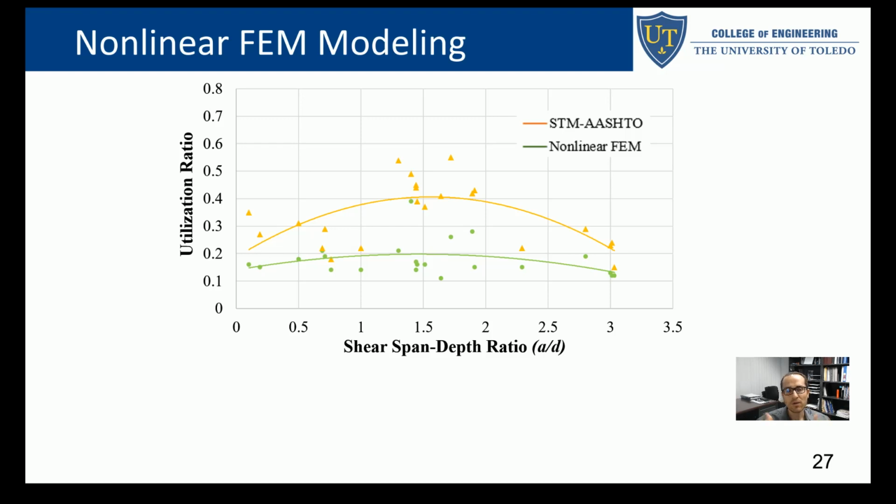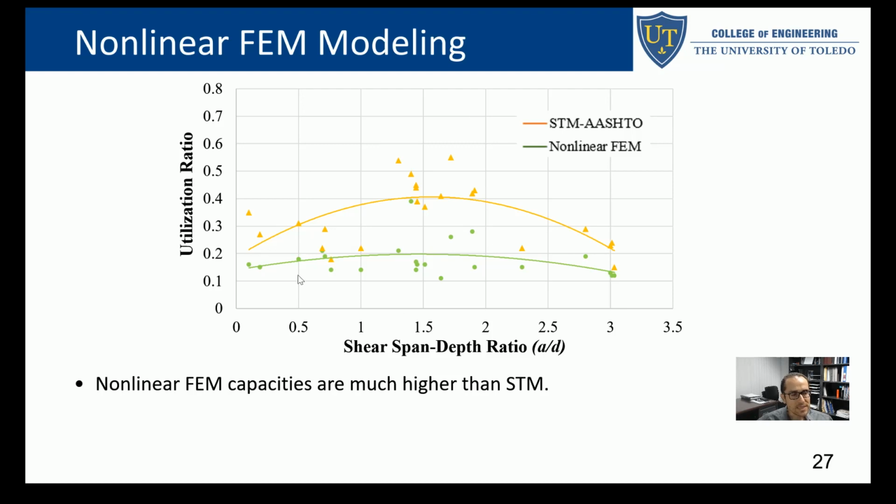So a nonlinear finite element would capture these effects, and that would improve the capacity. On the other hand, in strut-and-tie, you don't have these. Once a member cracks, you are relying 100% on the reinforcing bars to transmit that tension. So the concrete is gone. You don't have any concrete after cracking.